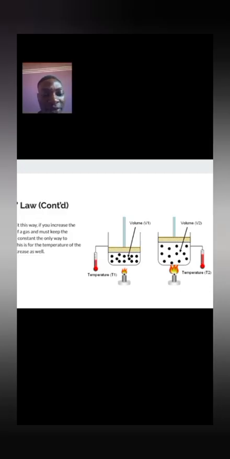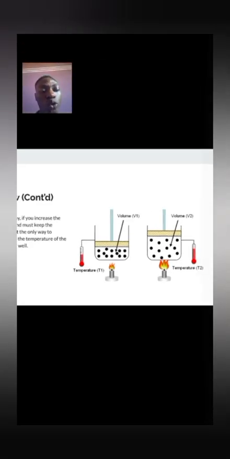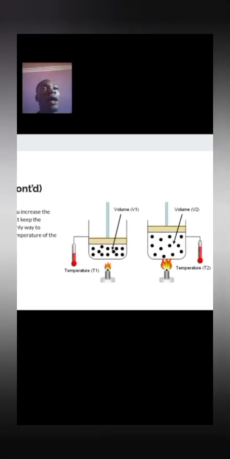The T1 represents the temperature and the V1 represents the volume. So when the temperature increases, the volume also increases. In order to maintain this, you know that from the particle nature of matter in physics, every matter possesses kinetic energy.